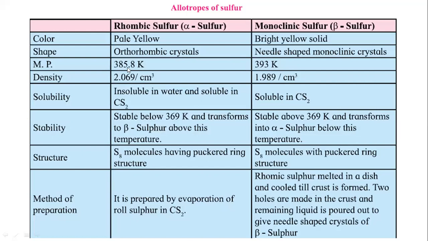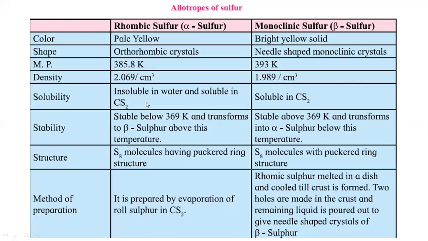The melting point of alpha is 385.8 Kelvin, and the melting point of monoclinic or beta sulfur is 393 Kelvin. The density of alpha is 2.063 per cm cube. This has more density, and the density of monoclinic sulfur is quite less, 1.98 per cm cube.